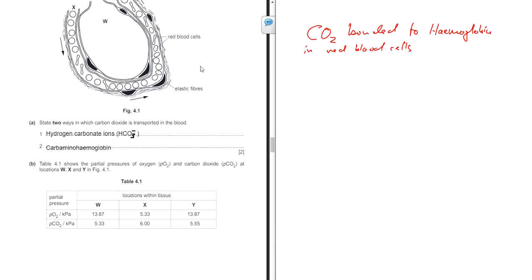Okay, let's have a look at B. So let's quickly list the three methods again. We said hydrogen carbonate ions, HCO3 minus. This makes about 70%.